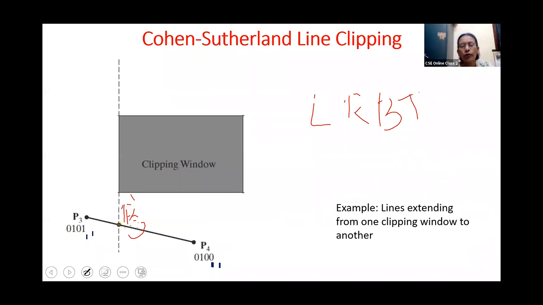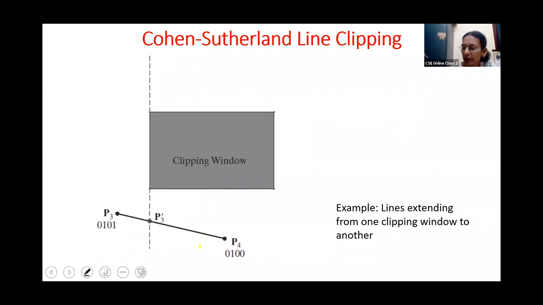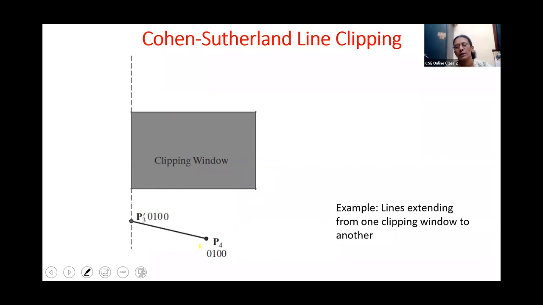Now what is the code for P3 dash? 0100, right? And we will clip out this part. We will have only the line from P3 dash to P4. We have P3 dash, the code is this.